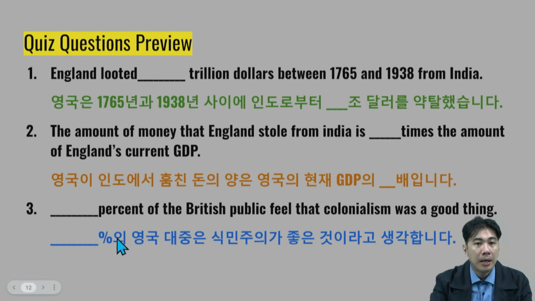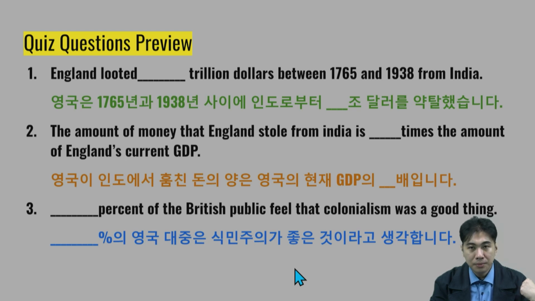Number three, blank percent of the British public feel that colonialism was a good thing. Like Japan, right? Japan thinks that colonizing other countries like Korea, the Philippines, and parts of China was good. So what percent of the British public feel that colonialism was a good thing?